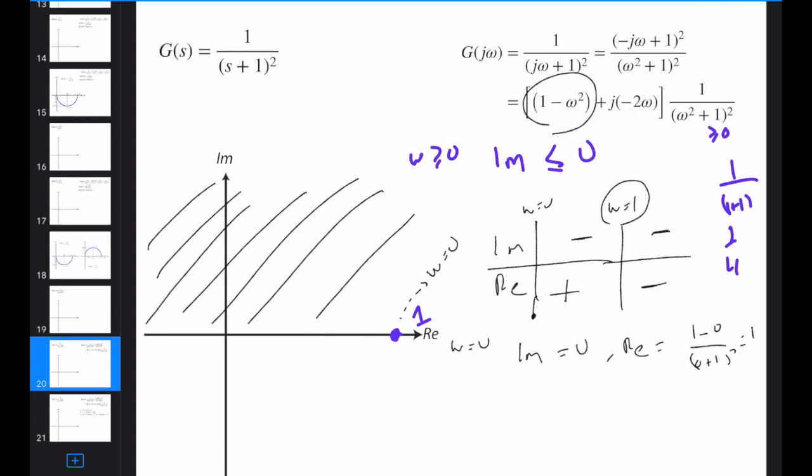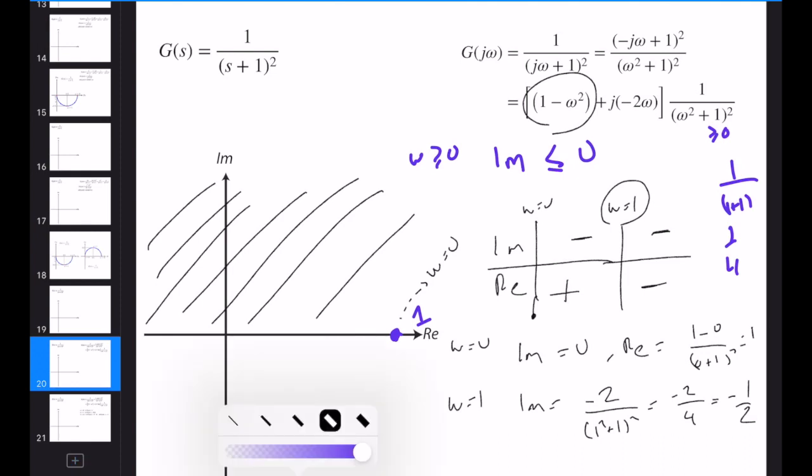The second important point is the crossing of the imaginary axis, which is omega equal to 1. If we compute the imaginary part, it is equal to minus 2 over (1 squared plus 1) squared. I think it is equal to minus 2 over 4, which is minus 1 over 2. So in this case, we are somewhere, let's make it a little bit larger here.